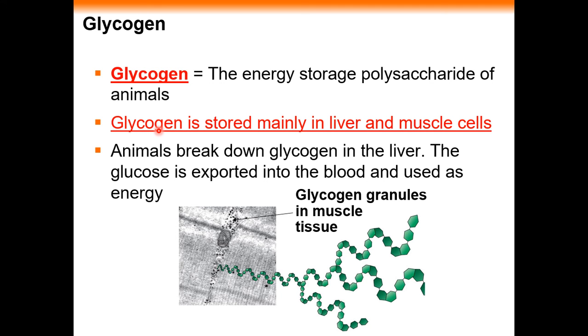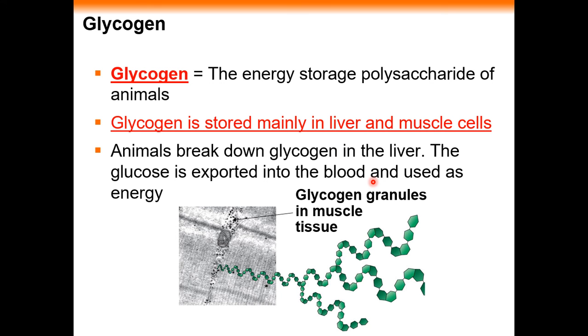We store our carbohydrates in our liver and muscles. Then we use those for energy. We use them in our muscles to run around and move around, and we put them in our liver, and that affects our blood sugar, which is why someone can be a diabetic. We don't really talk about it that much. But we store glycogen, and that's our energy storage molecule for animals like us, and we store it in our liver and muscle cells.